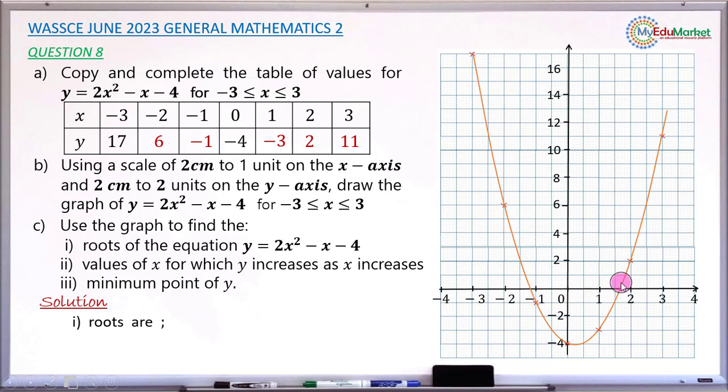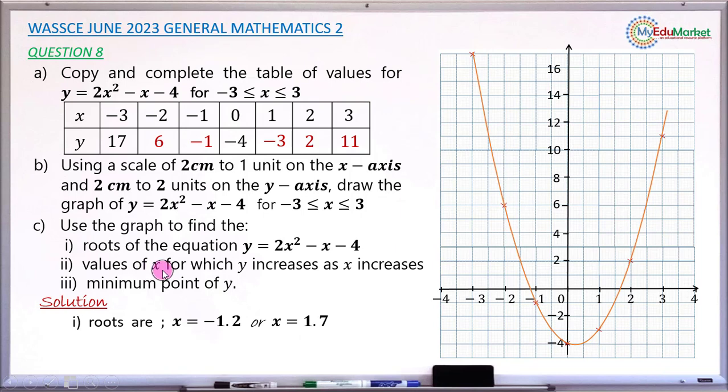And estimating, this is 1 and this is 2, so this will be 1.5. 2 small divisions also after this 1.5 will be 1.7. So the roots will be x = -1.2, that is the value of x at this very point, or x = 1.7, the value of x at this very point. These are my roots.